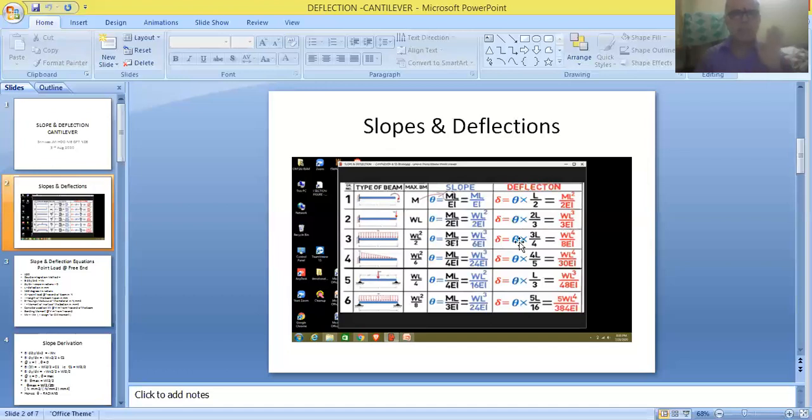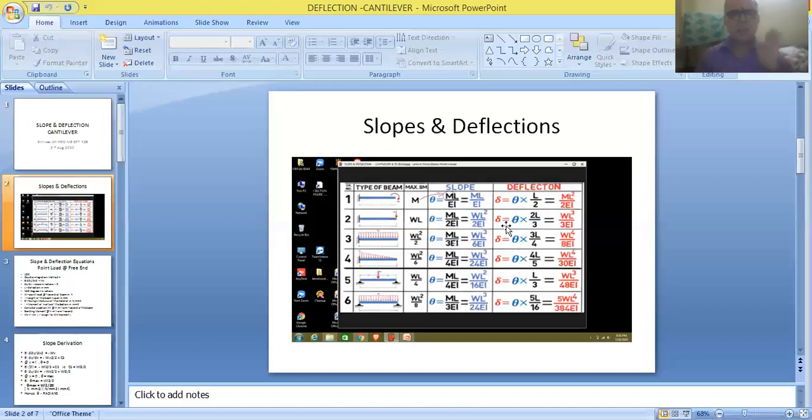And similarly, if a UDL is acting on the cantilever, we have to use this formula. The slope value will be WL cube by 6EI, and for measuring the deflection value, we have to take WL to the power 4 by 8EI.